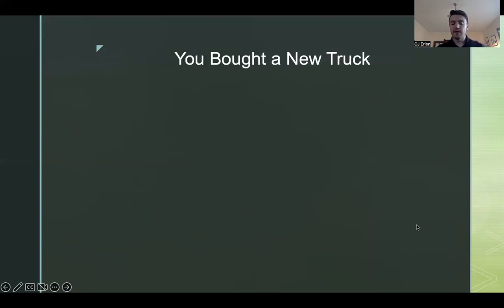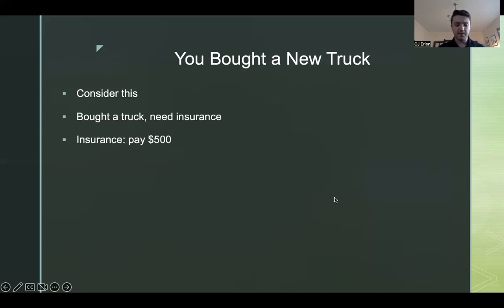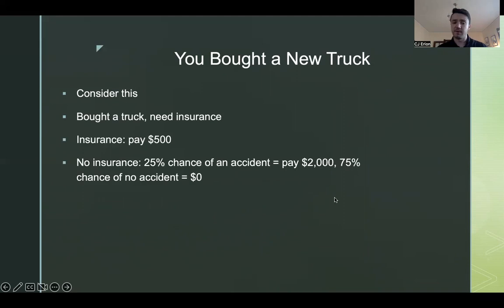However, let's think about a different scenario. Let's say that you bought a new truck, and for this truck, you're considering whether or not you need insurance. And so if you do buy the insurance, you'll pay $500. However, if you don't buy the insurance, let's say again, for the sake of this example, there might be a 25% chance of an accident, in which case you would pay $2,000.